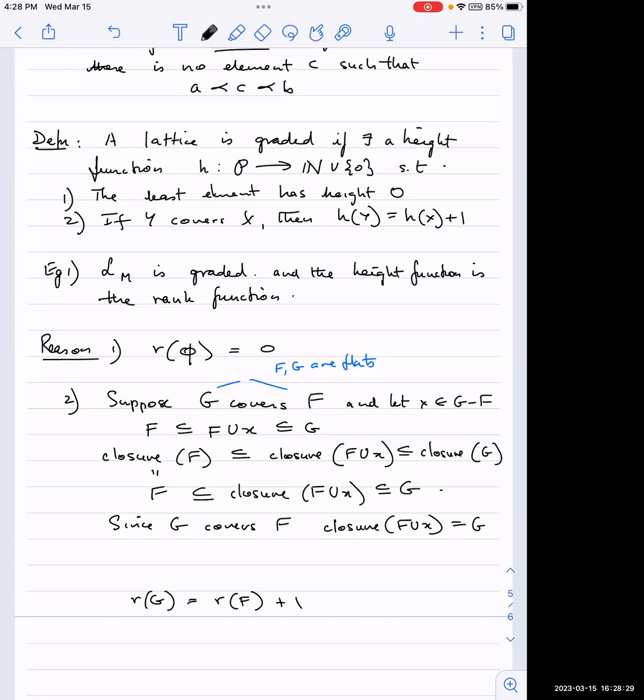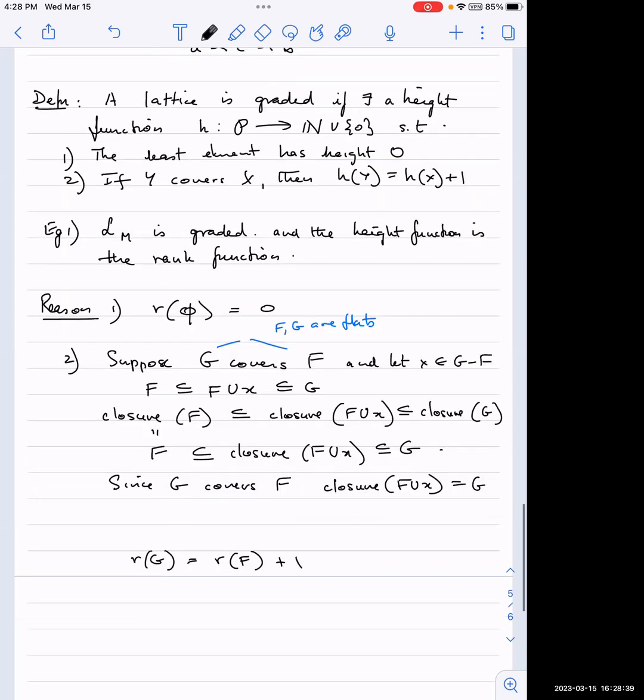Since G covers F, closure of F union X is equal to G. And is that the reason? No, I don't know if that's the reason. I think it's because you have X in G minus F, right? I think that's the reason. Closure of F union X will be G. So I don't think this is the reason.